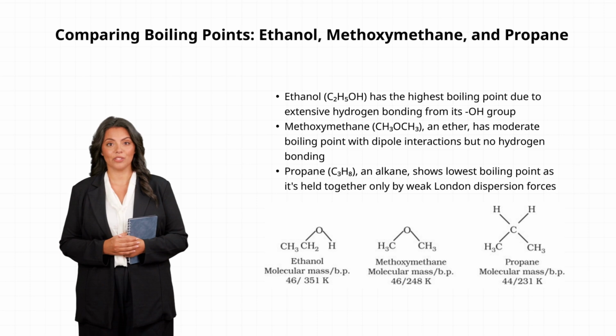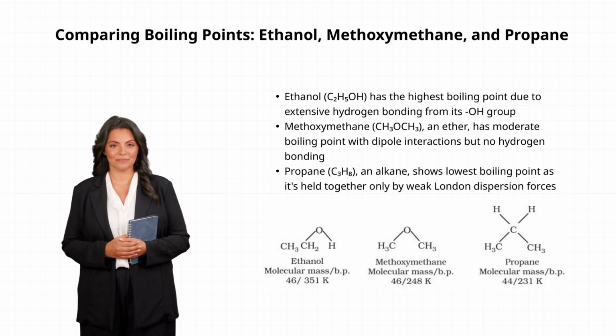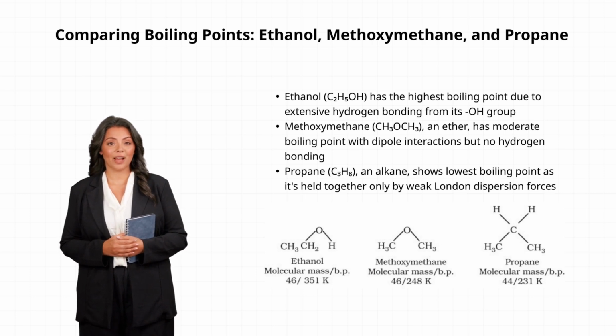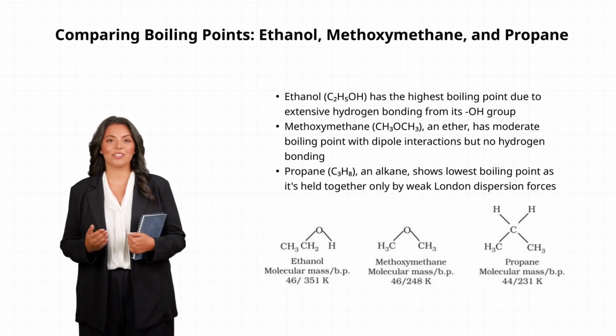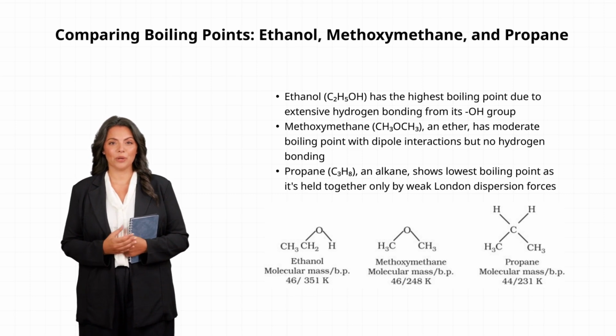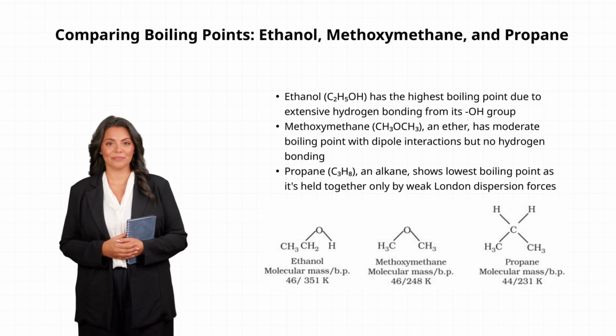Methoxymethane, also known as an ether, with formula CH3OCH3, can't form strong hydrogen bonds with itself because it lacks hydroxyl hydrogens, though it has dipole-dipole interactions due to the oxygen atom. Therefore, it boils at a significantly lower temperature of 248 Kelvin.